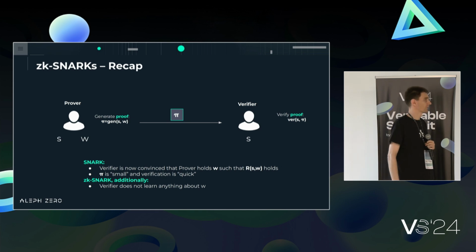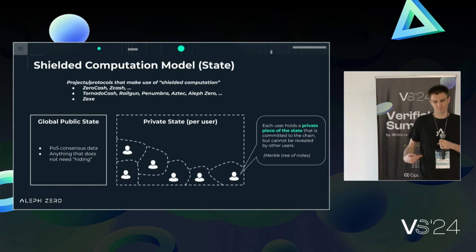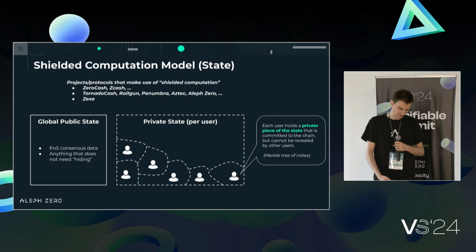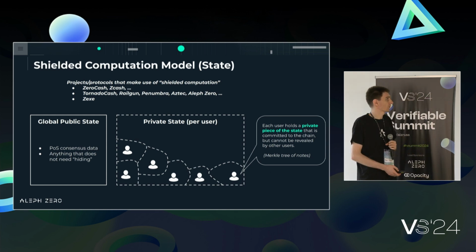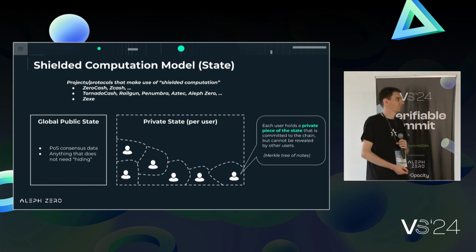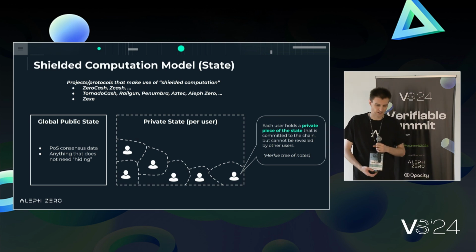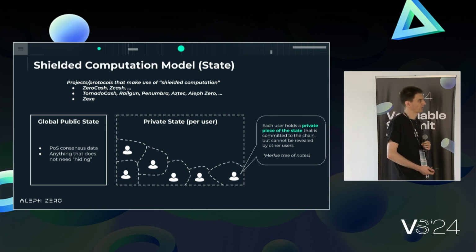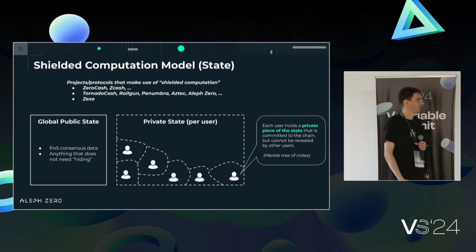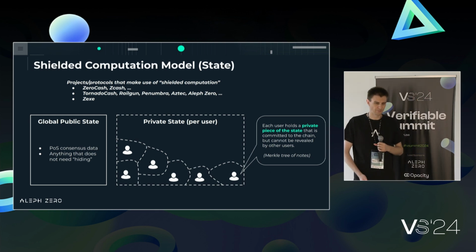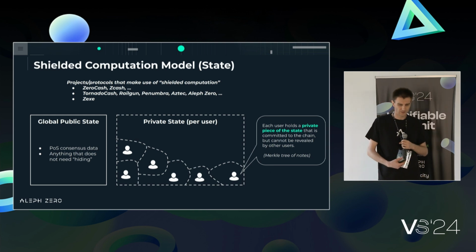Okay, so what do we build with this kind of primitive? I will not tell you how to build it, because for this it's best to maybe just read one of the great white papers. The first one I think is Zerocash. And everything I will be talking about in the next couple of slides is the foundation of all of the designs of these protocols that I list here. So Zerocash was the original white paper about shielded transfers.